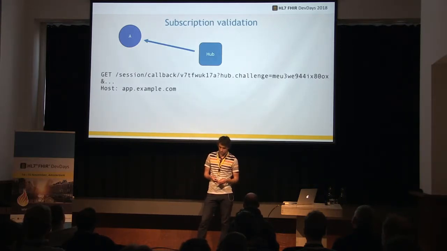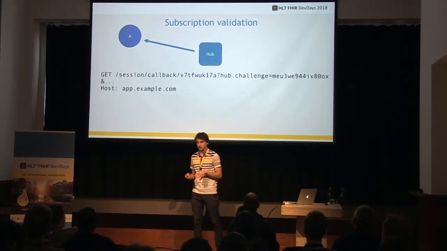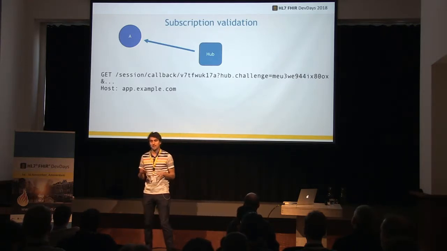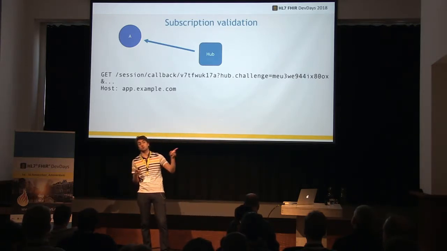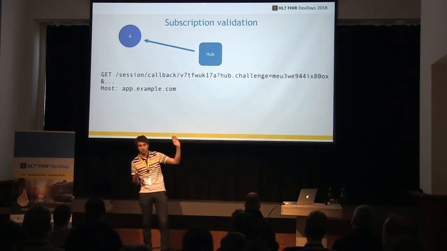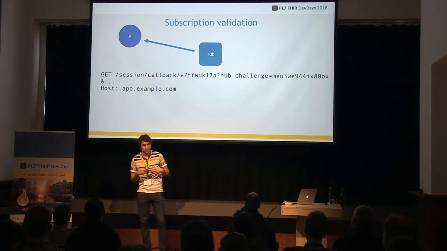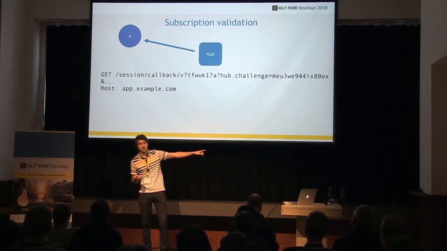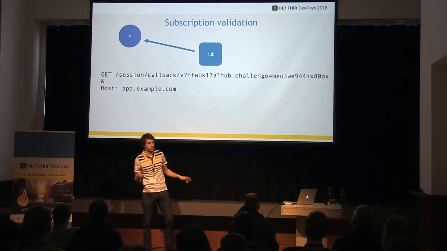Another thing, a little bit about security: what if an evil attacker tells the hub to subscribe and send events to a callback URI somewhere else? Maybe I'm an evil hacker and I tell the hub, hey, I'm interested in these events, post them over there when you have them, maybe for some kind of overflow attack.